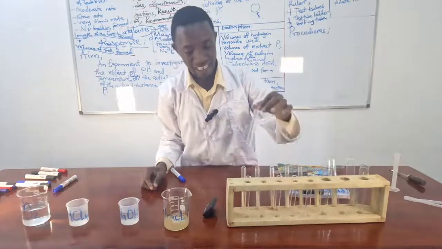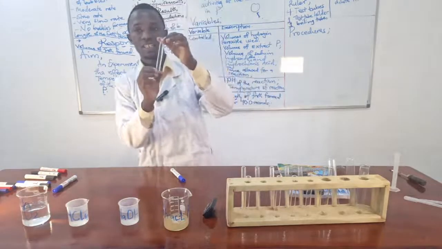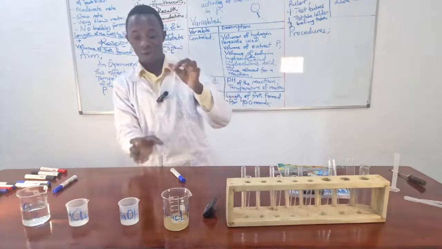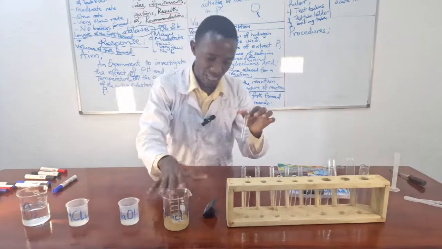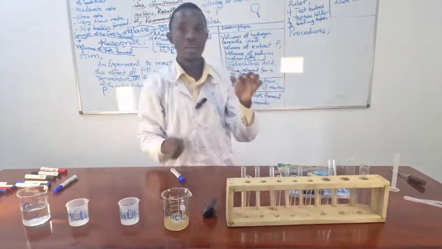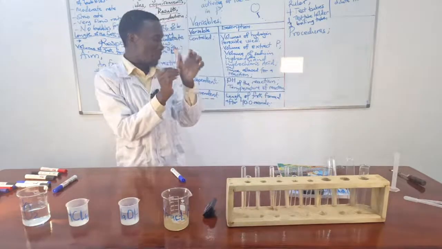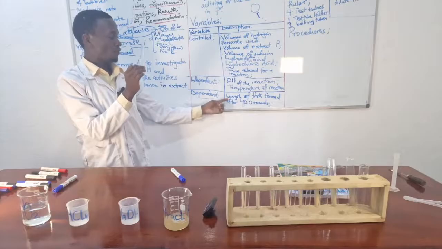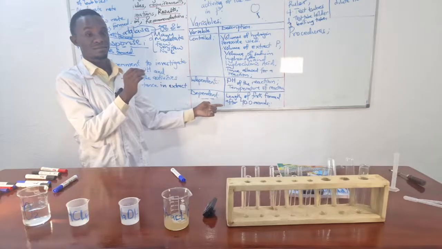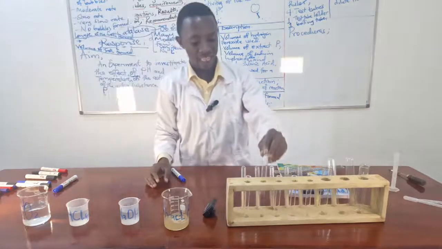I'll get the second, which has hydrogen peroxide and sodium hydroxide in it. I'll put equal volume of the extract like I used in A and start the stop clock again. Determine the amount of froth formed, in terms of length, after 40 seconds. I'll put it back after that.